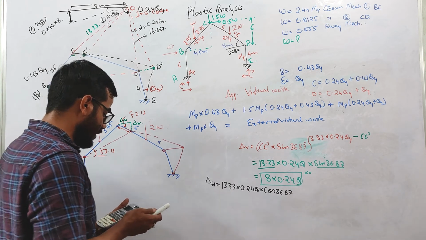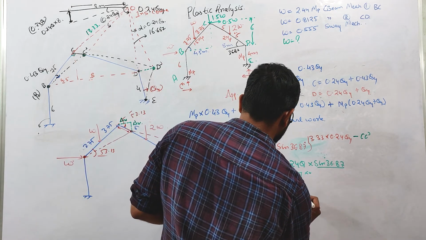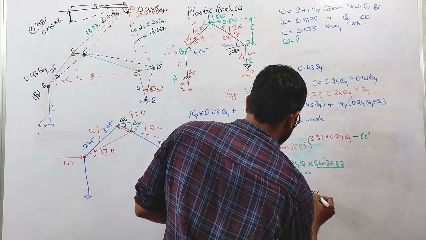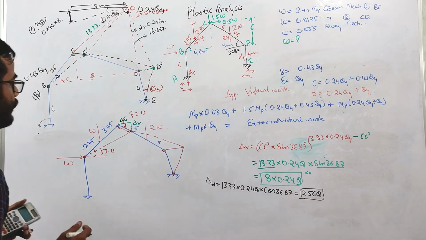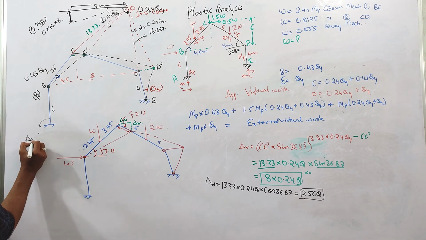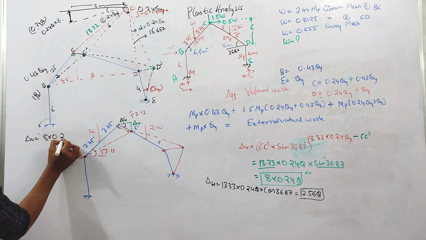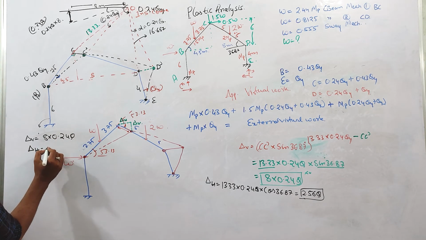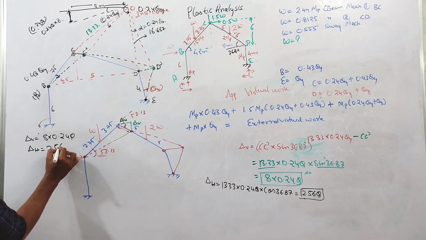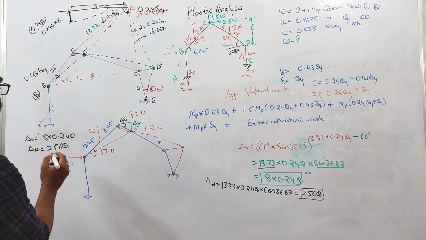This value is coming out to be 2.56 theta. Okay, so we have calculated the value of delta V, which is 8 into 0.24 theta, and delta H is 2.56 theta. Okay, this is theta 4, sorry.